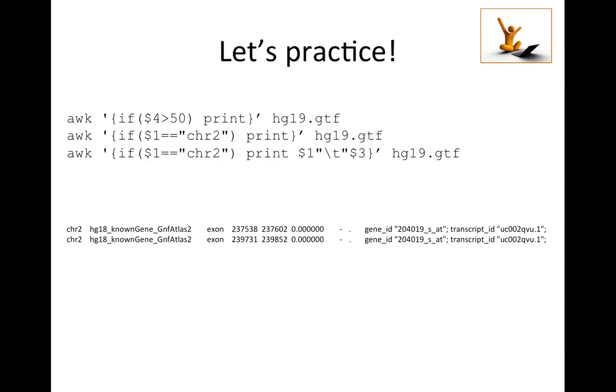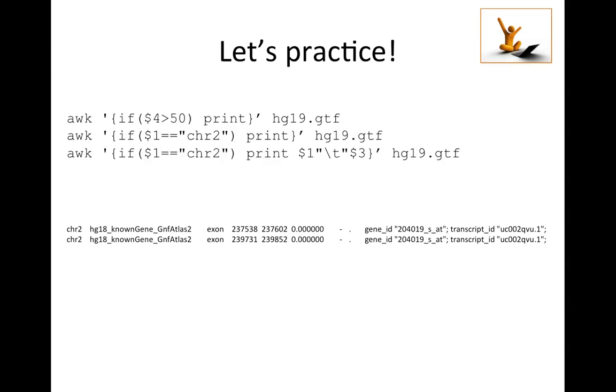So we want to print only those lines where column number 4, in other words the left coordinate, is greater than 50. Okay, we can do that again using the same kind of structure where we say if the element from column number 4 is greater than 50, then print.